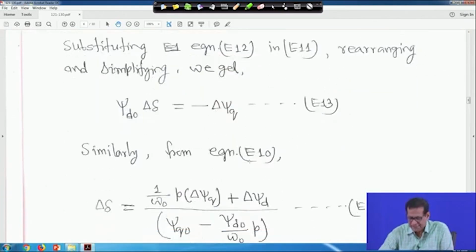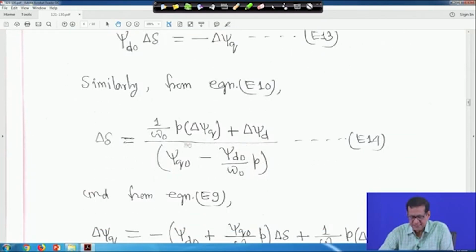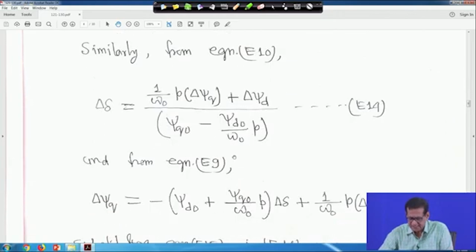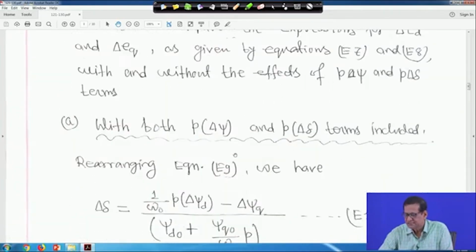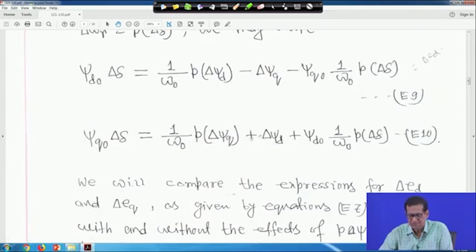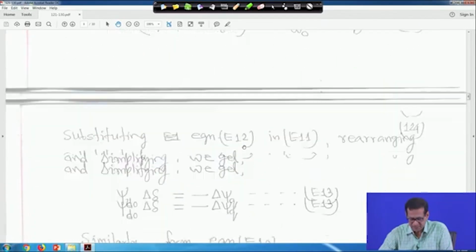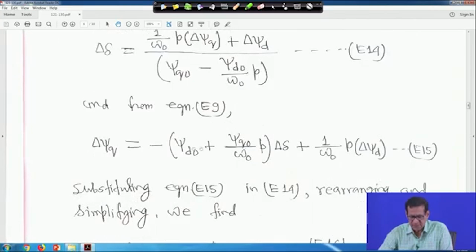Similarly, equation E10, you rearrange it, you will get delta delta is equal to 1 upon omega 0 p delta psi q plus delta psi d upon psi q0 minus psi d0 upon omega 0 p. This is equation E14, right. And from equation E9, you will get delta psi q is equal to minus in bracket psi d0 plus psi q0 upon omega 0 p delta delta plus 1 upon omega 0 p delta psi d.